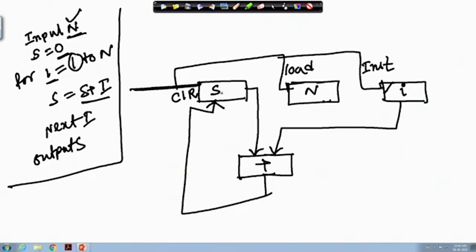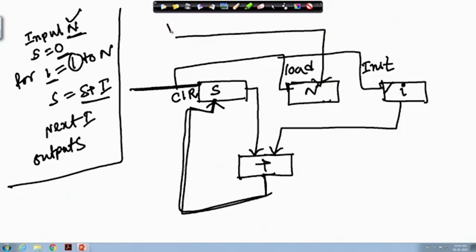That means in one cycle the previous S comes here, is added with I, and then goes back to the sum register. Okay.